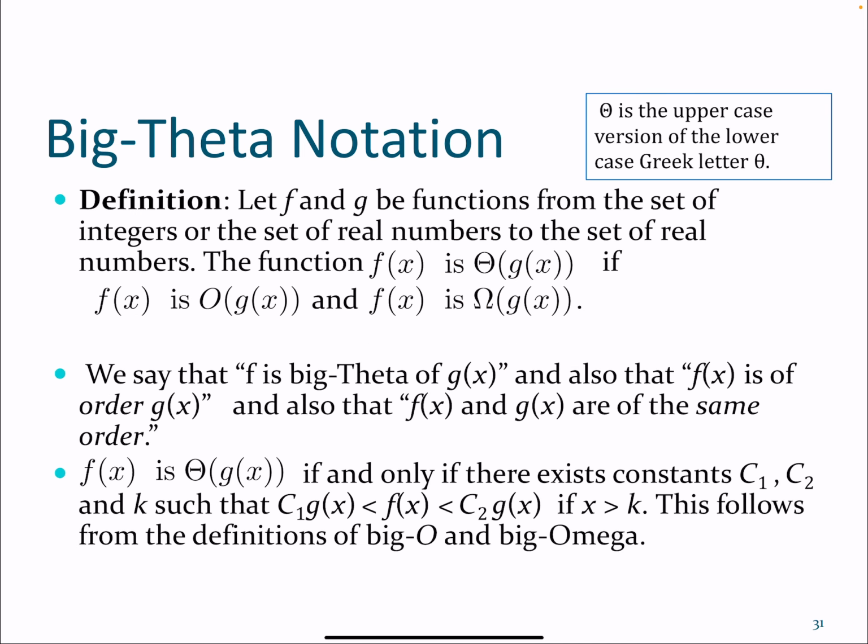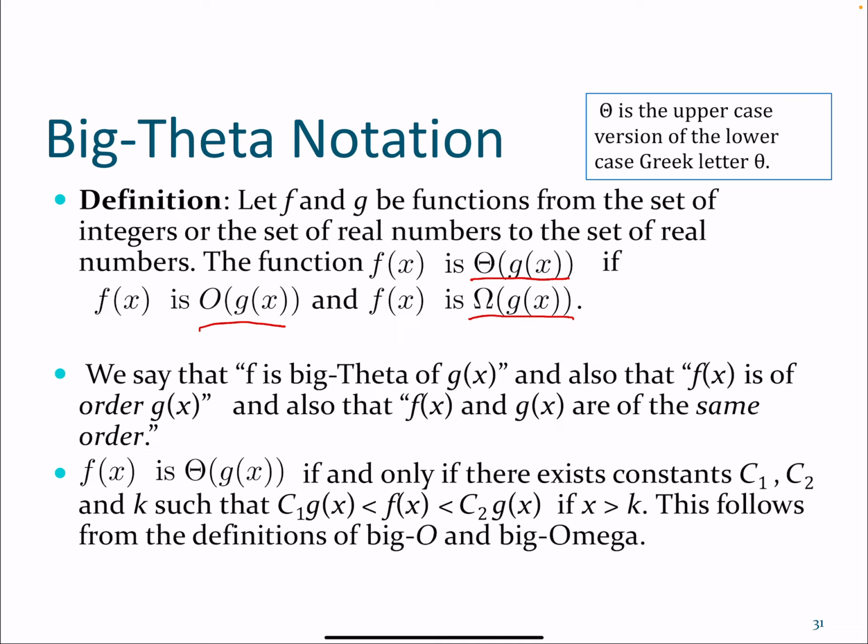Using big O and big omega, we can define another notation called big theta notation, which is very, very simple. The function f(x) is called big theta of g(x) if f(x) is both big O of g(x) and big omega of g(x).